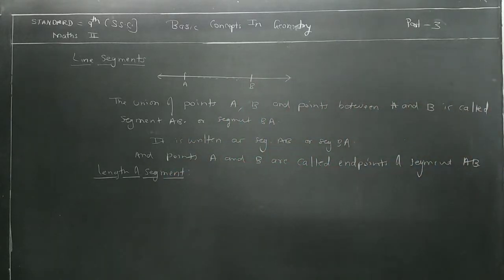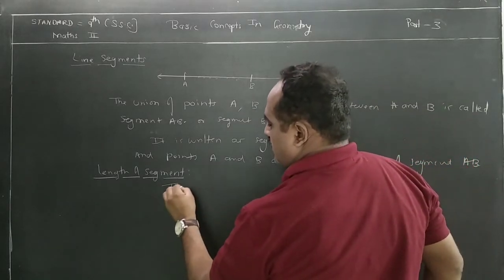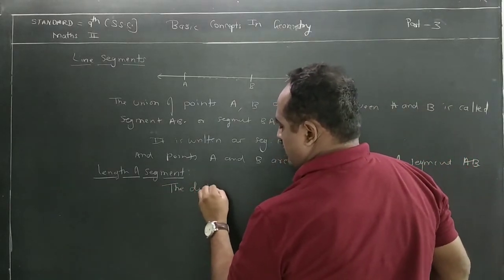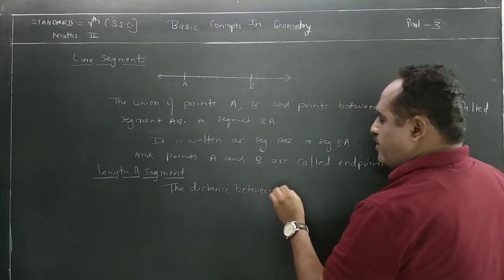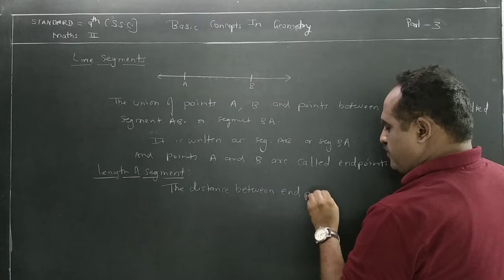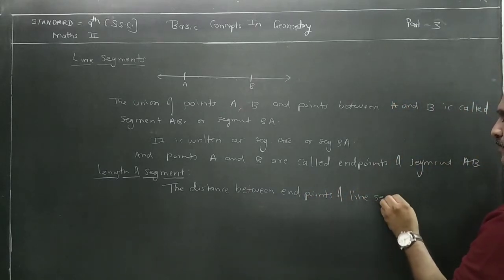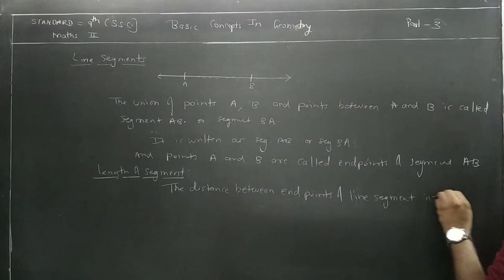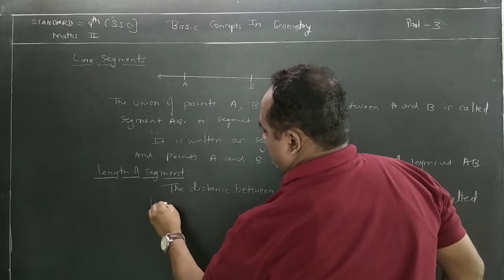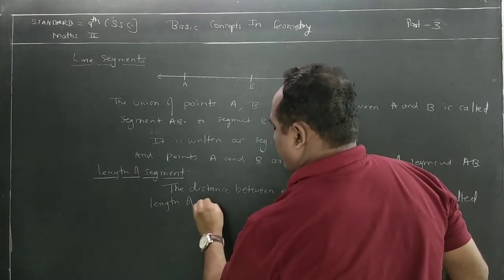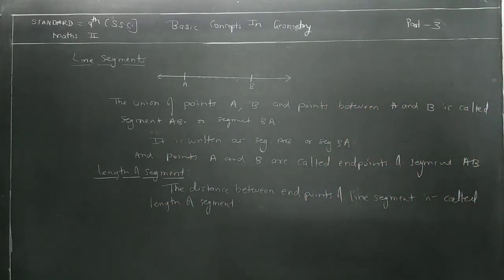The distance between end points of a line segment is called length of segment. Suppose you take the example.